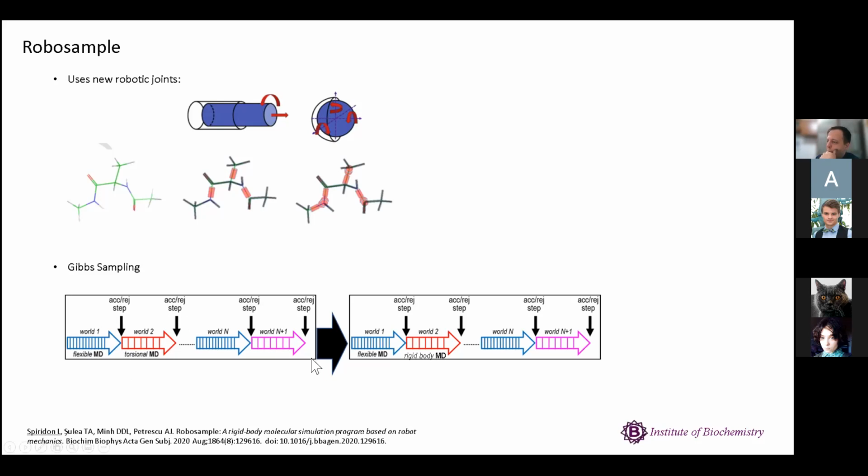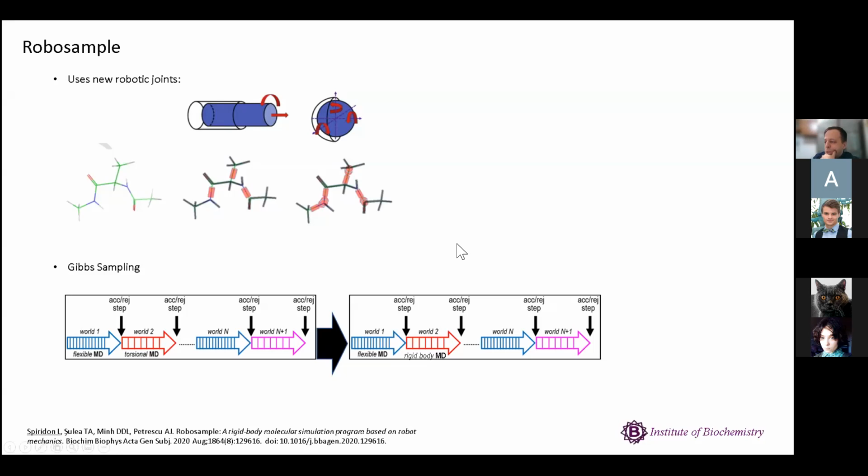But now we can introduce some bigger bodies of the entire molecular system. So not all the torsions in the molecule, but we keep two bodies of the molecule fixed and only allow several torsions, for example, to move, like in the case of the spike protein or in the case of an antibody.